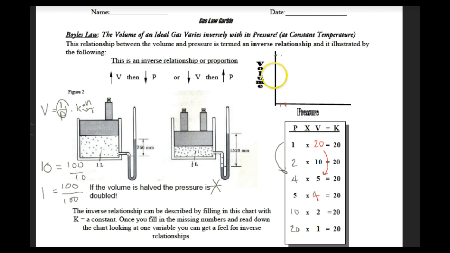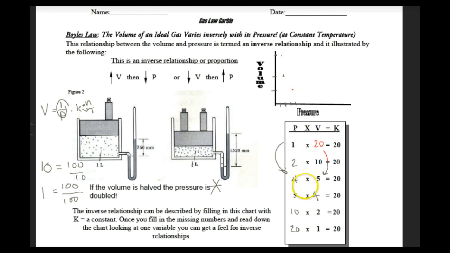So half of 20 is 10. So we put it there. And then we have a pressure of 4, so we do 3, 4, and then the volume is at 5. So 4 and 5 is there.